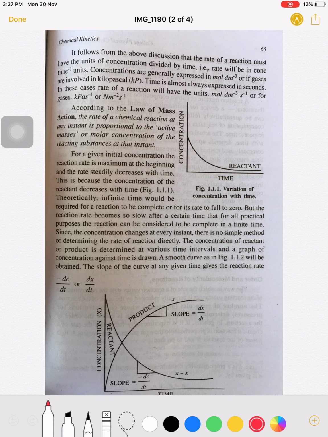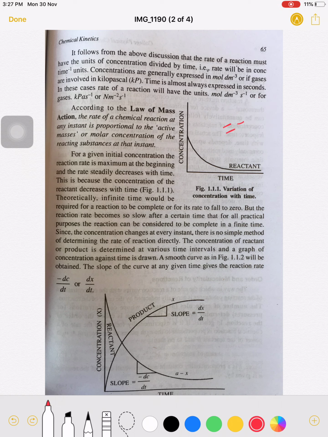It follows from the above discussion that rate of reaction must have units of concentration divided by time. So the rate of reaction is nothing but change in concentration with respect to time, so the unit of rate of reaction must be concentration per time.